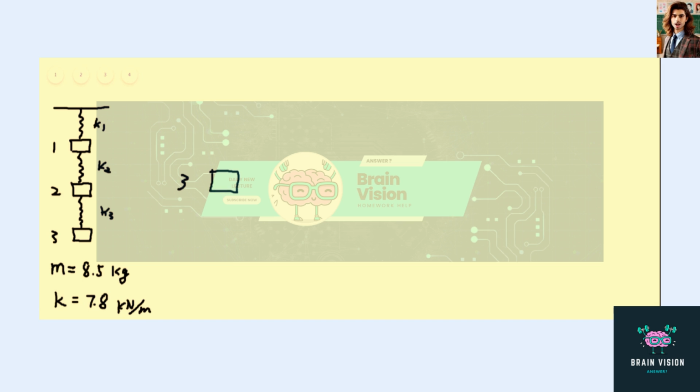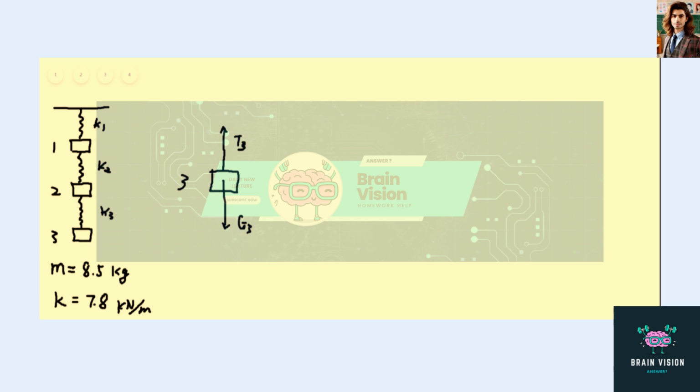We have the mass here, and of course it has gravity coming downwards from the center, and it's also attached on top by spring number 3. So it has the spring force going up like this. We call this spring force T3. So that's it for mass number 3.